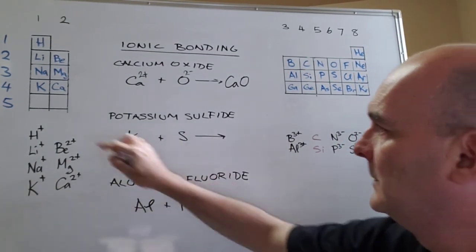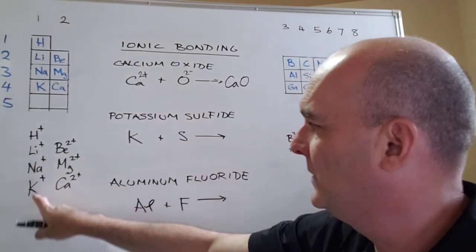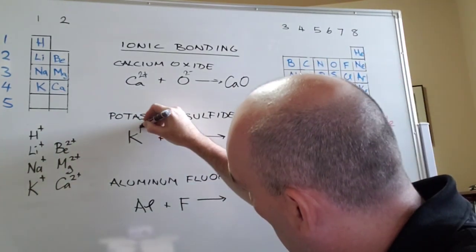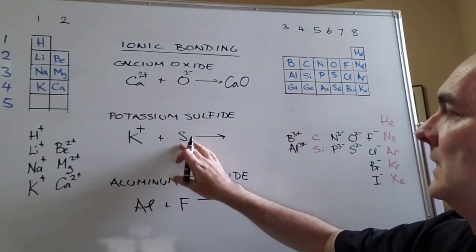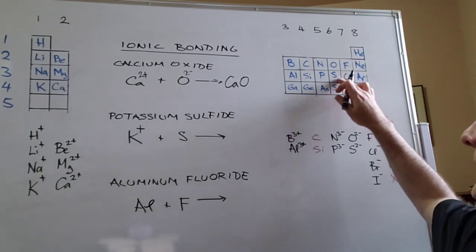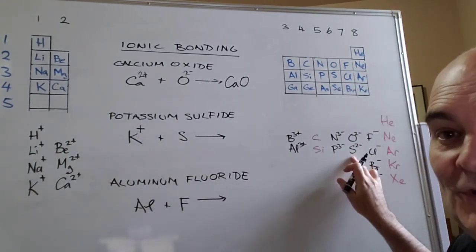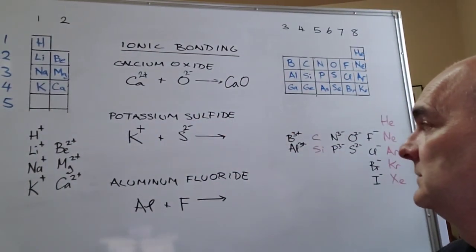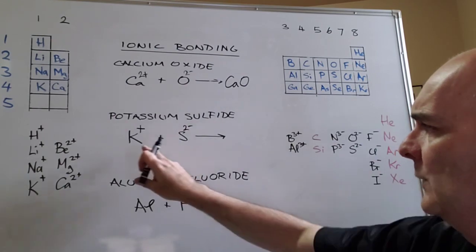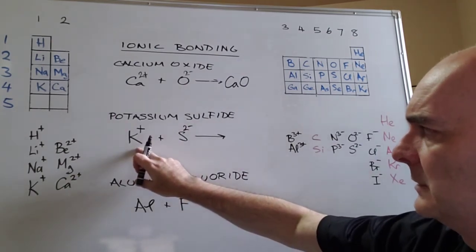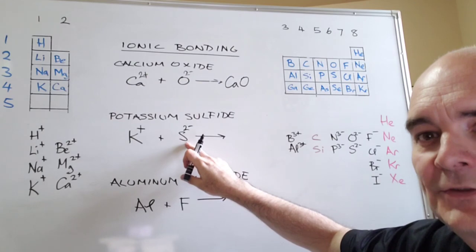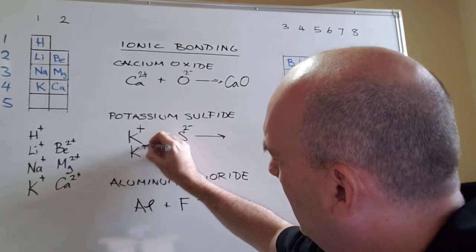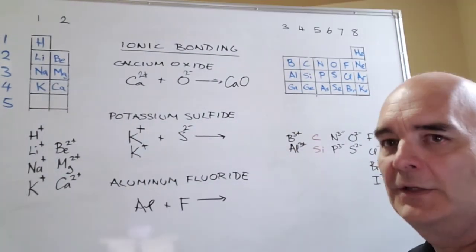Potassium sulfide. Potassium is in group 1, which means it undergoes a 1 electron oxidation to make a 1+ cation. Sulfur is in group 6, which means it undergoes a 2 electron reduction to make a 2- anion, and 1+ will not balance both of those minuses, which tells me I need another plus.